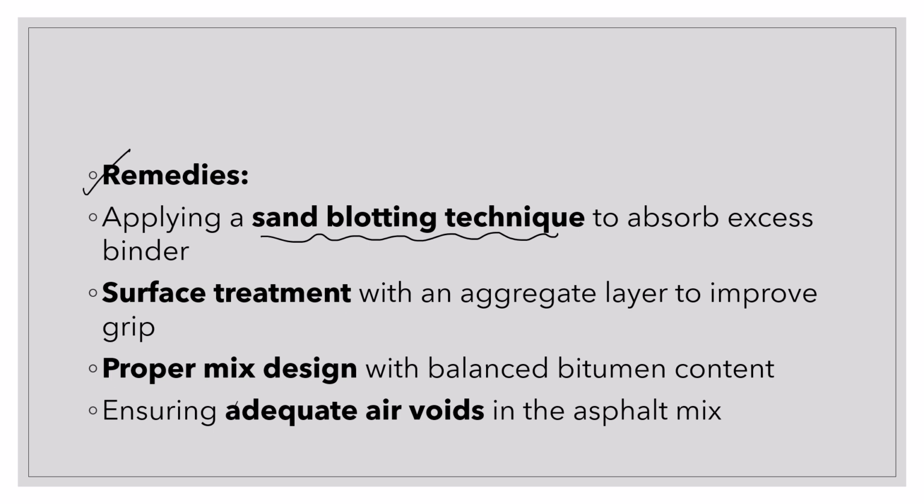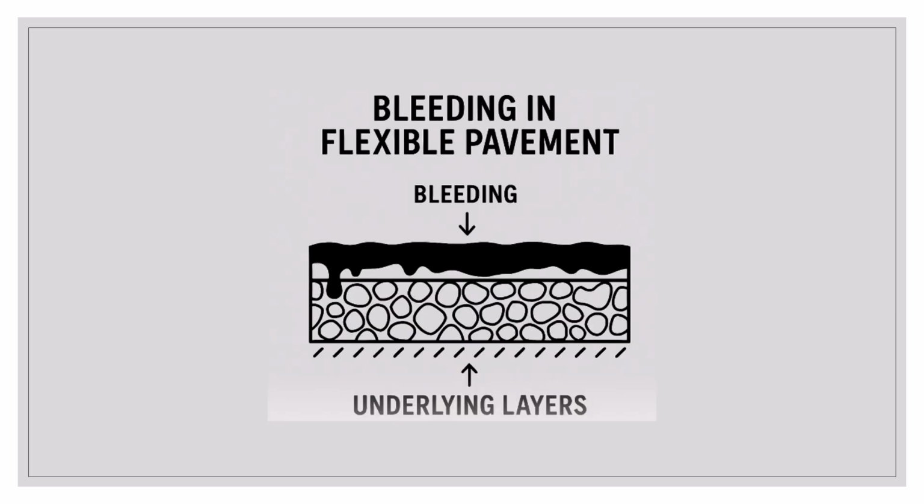Surface treatment can also be done to improve the grip, and proper mix design can also be done. It balances the bitumen content and ensures adequate air voids in the asphalt mix. This also prevents bleeding in the bituminous pavement layers. This is a diagram that shows bleeding from the surface.